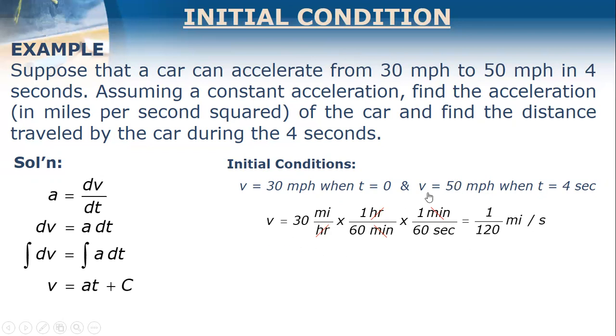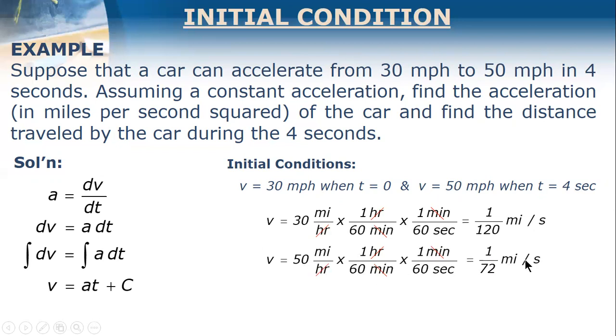Do the same for 50. Cancel, cancel. 50 divided by 60 and 60, the result is 1 over 72 miles per second. Okay. Initial condition, first initial condition.